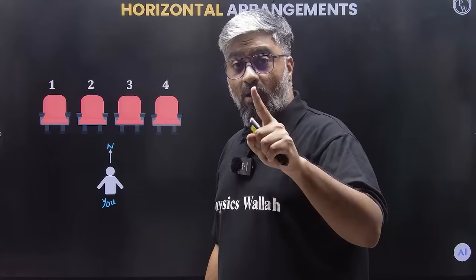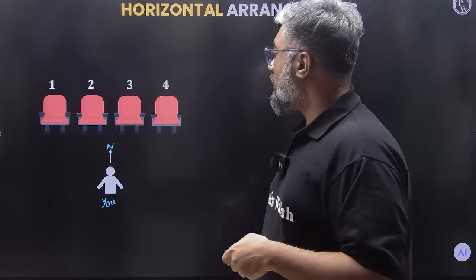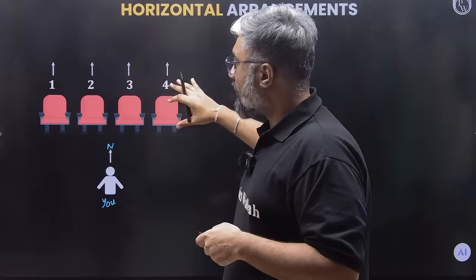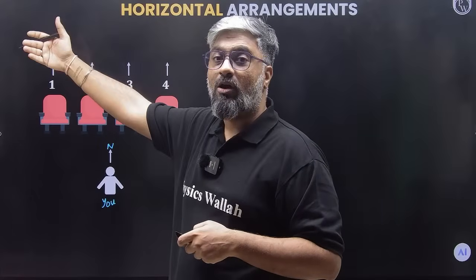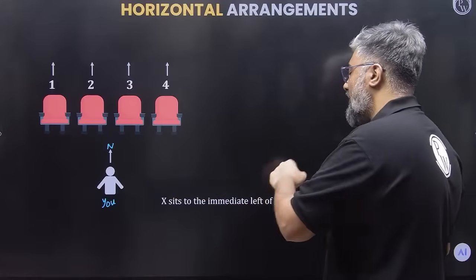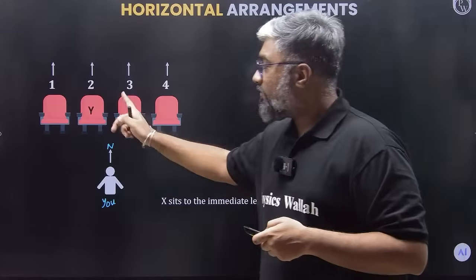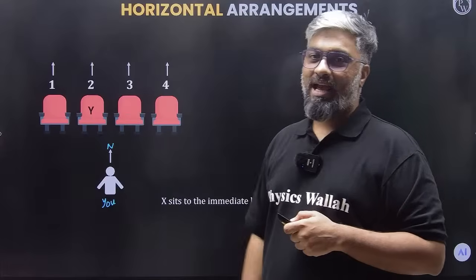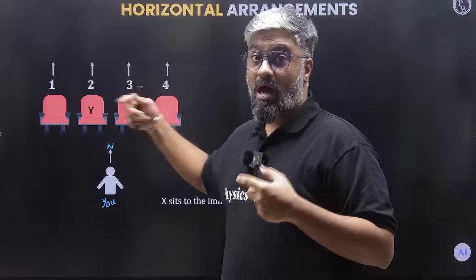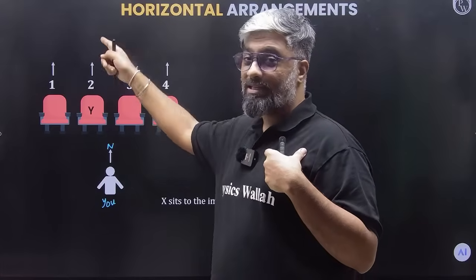Now, if in the question it is told that the people that you are arranging are also facing north, then what happens? When I say x sits to the immediate left of y and y is here, can you tell me where x would be seated? This is the situation. Now we know in which direction y is facing, correct?